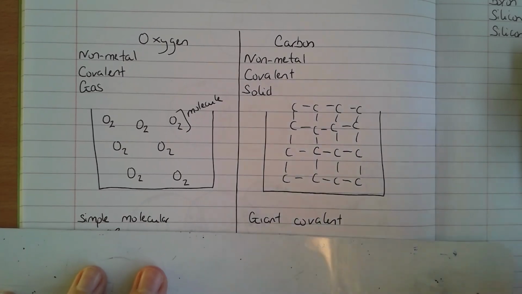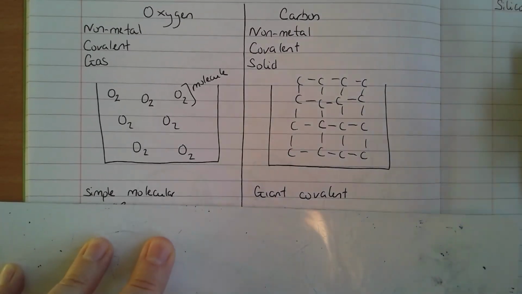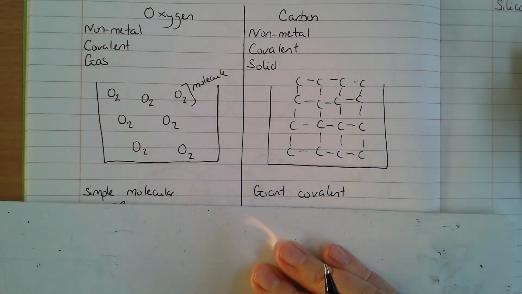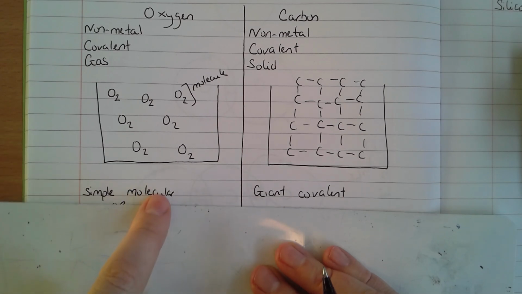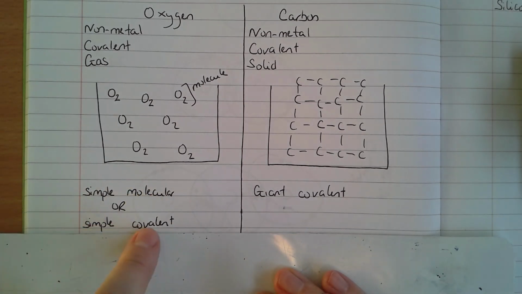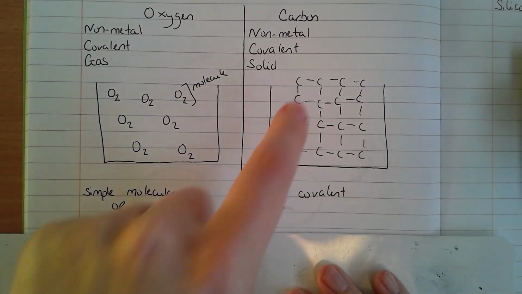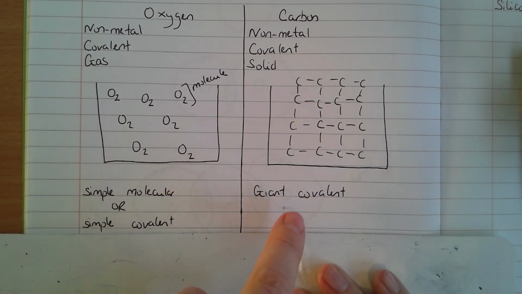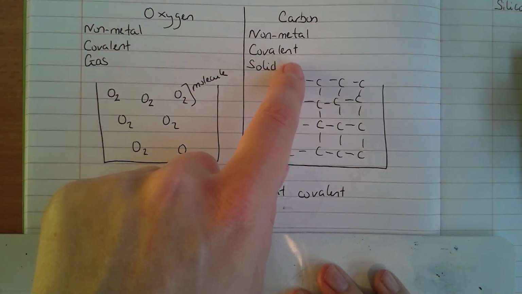And that's what's going to classify their bonding. Because oxygen is forming molecules, I can say its bonding is simple molecular, or I can call it simple covalent. Whereas over here, because I form one big giant structure, I say that it's giant covalent.